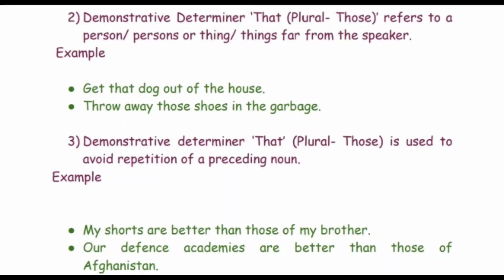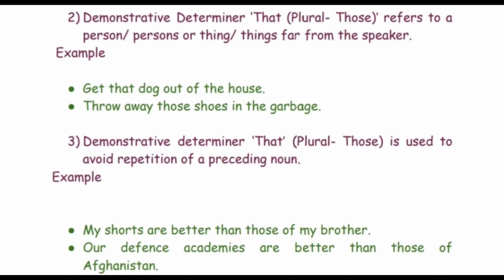So that and those. Friends, regarding that, and its plural those, there is one special use: that and those are used to avoid repetition of a preceding noun. For example, my shorts are better than those of my brother.